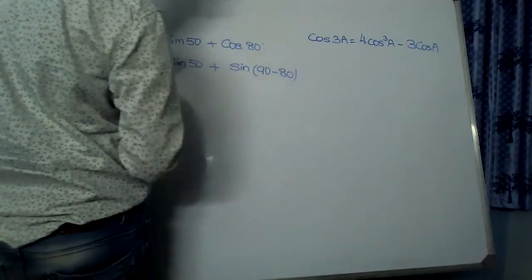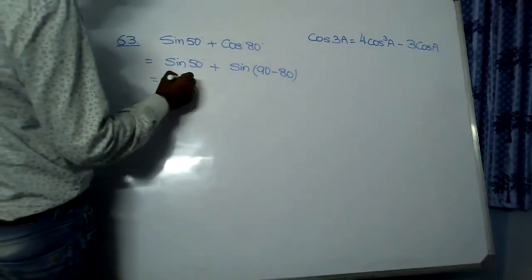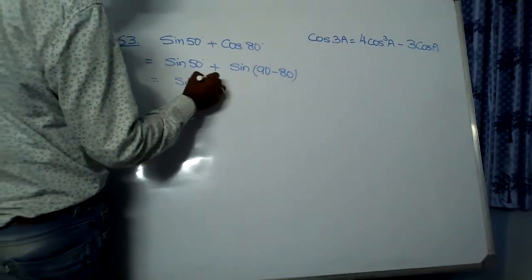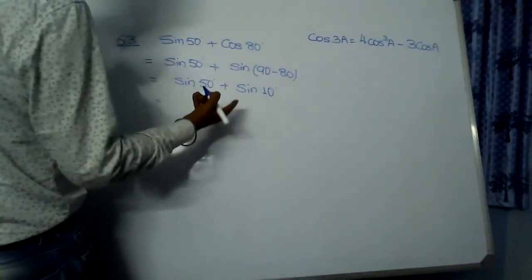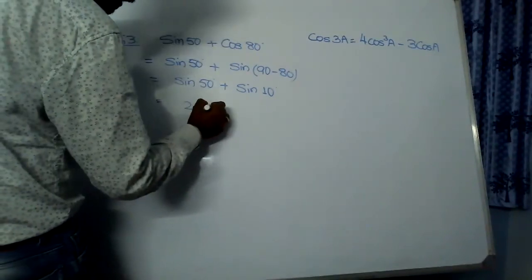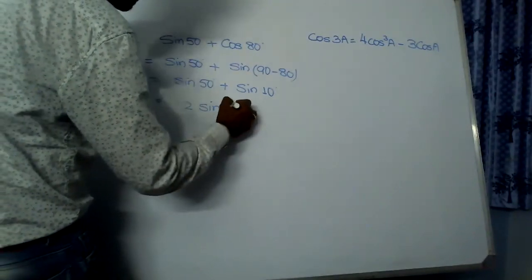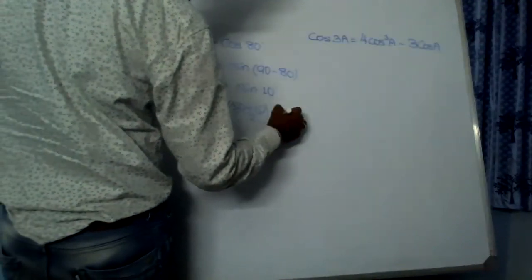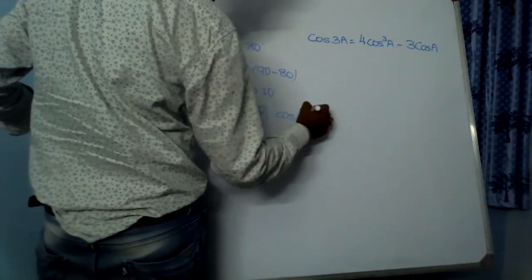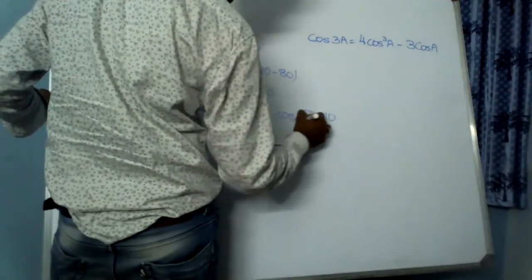Cos theta is equal to sine 90 minus theta. That is sine 50 degree plus sine 10 degree. Sine A plus sine B formula says 2 sine A plus B by 2, in this case 50 plus 10 divided by 2, into cos A minus B by 2, that means 50 minus 10 divided by 2.